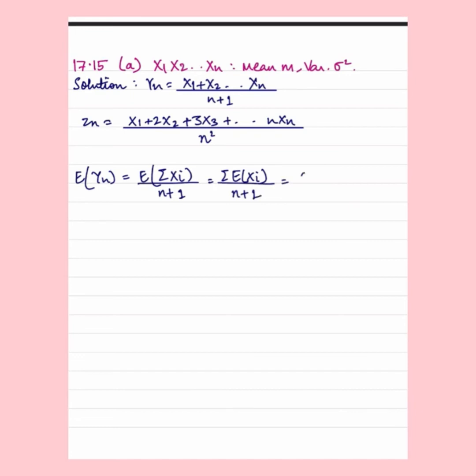We see that expected value of Yn equals to mn upon n plus 1, which is certainly not an unbiased estimator of theta.